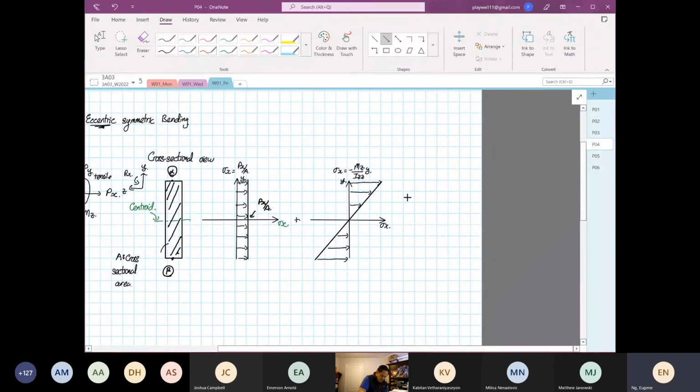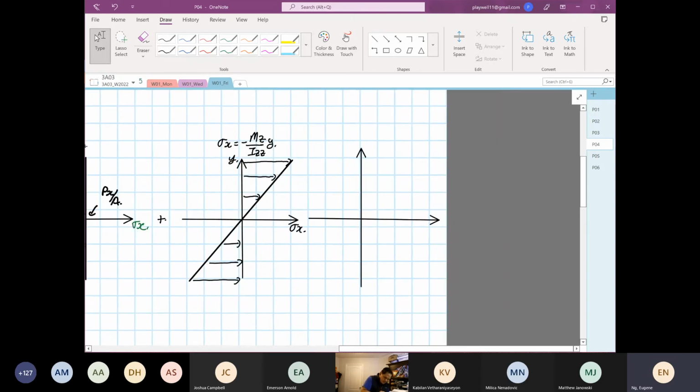The resultant stress will look like this. This is where the centroid is. This will be our stress X, and this will be Y.